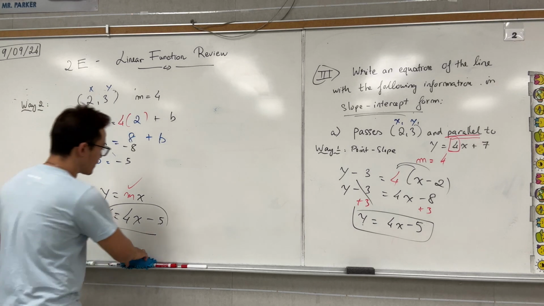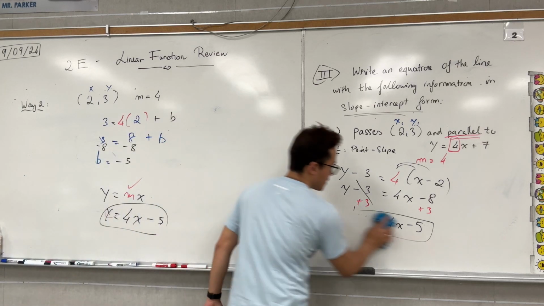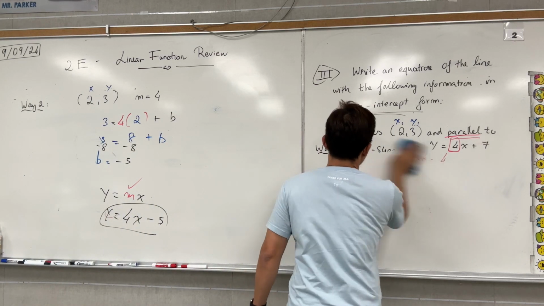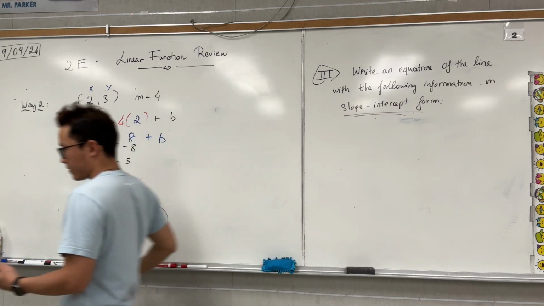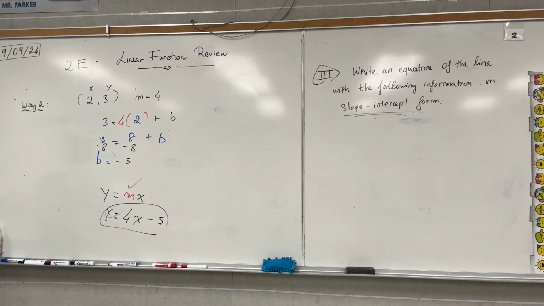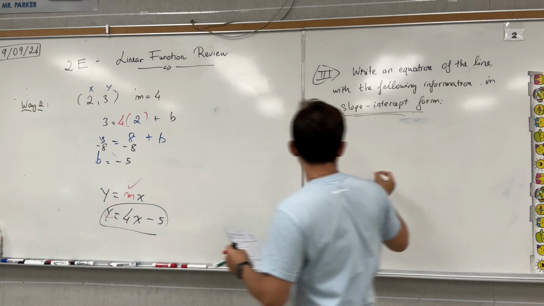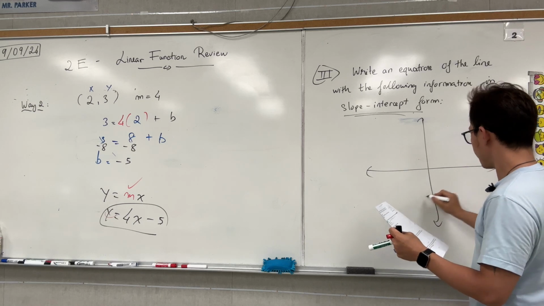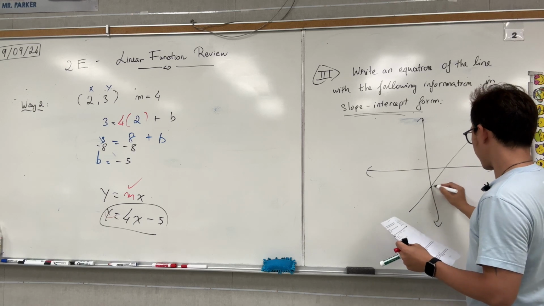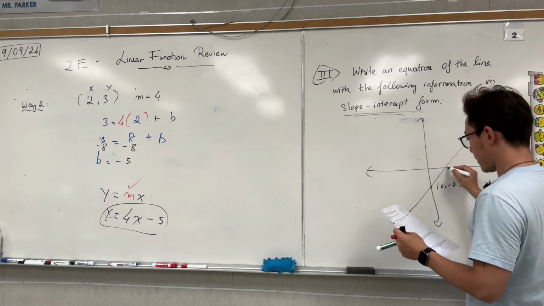So in your homework for today, you may see something like this. They just give you a graph. Let's say 0, -2.